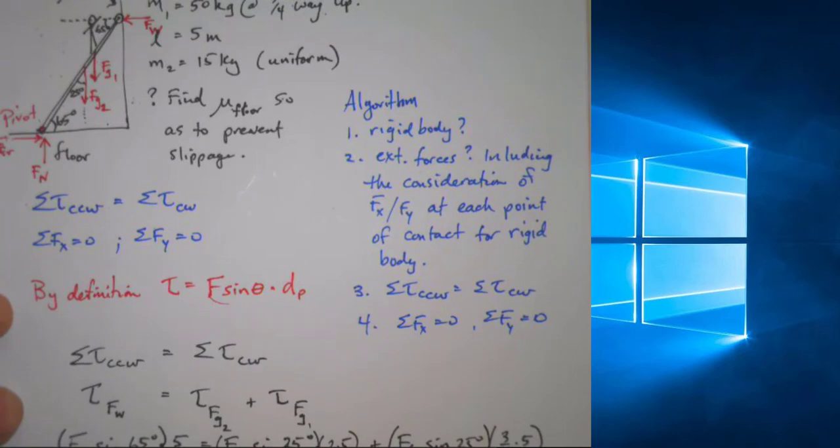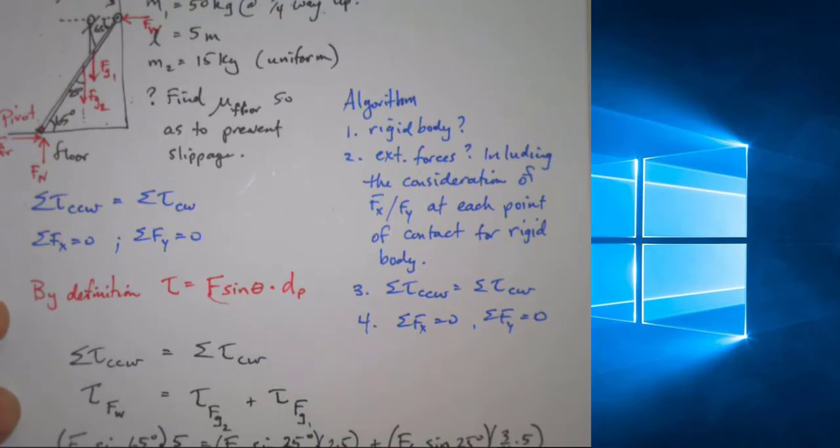So I know I'm going to be dividing by 5 sine 65 both sides. I will substitute in my values for mass times gravity. That's 15 times 9.8 sine 25 degrees times 2.5.